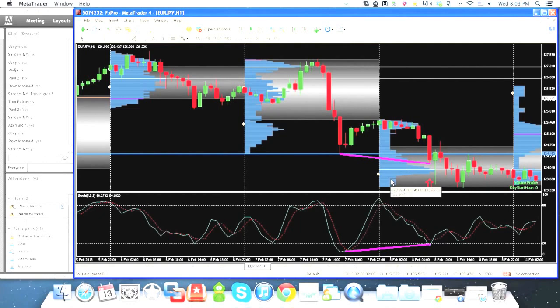This is the lowest point from this area till this part. The lowest point here and the lowest point here. So somewhere in here, you want to enter. As the markets approach here, you can see less and less strength in the market is coming in. Okay, so you are waiting and waiting and waiting. While you're waiting, you continue to see the markets are doing completely opposite things again and again and again.